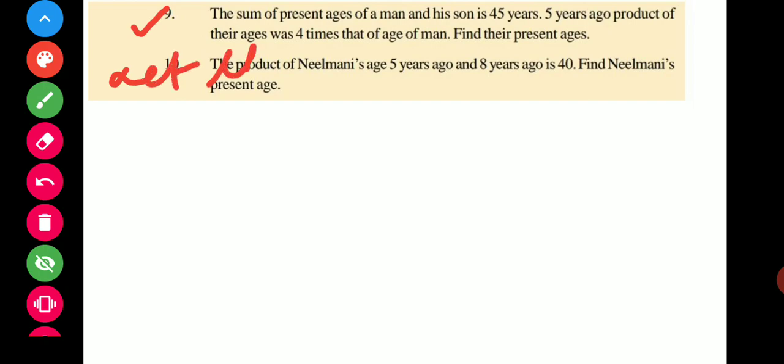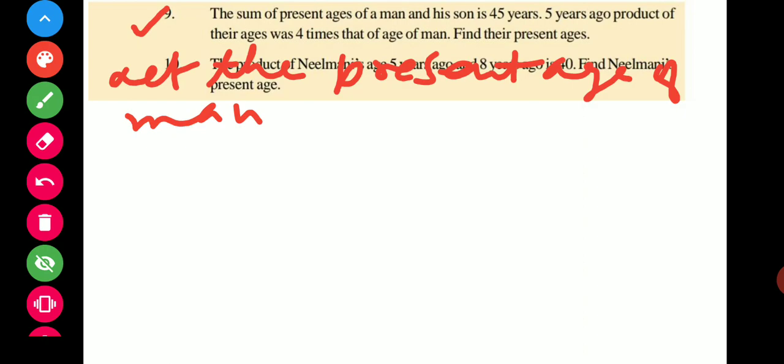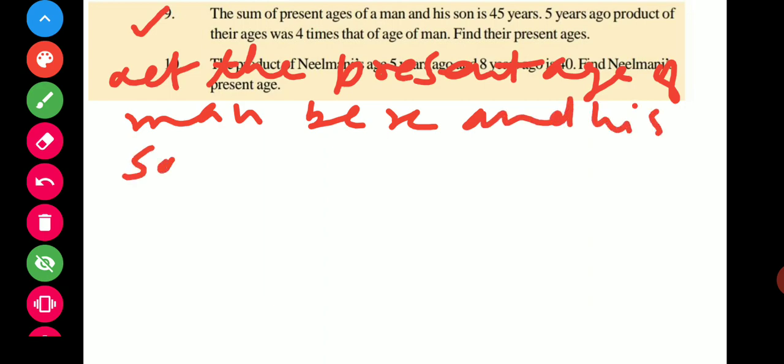Let the present age of man be x and his son is 45 minus x.